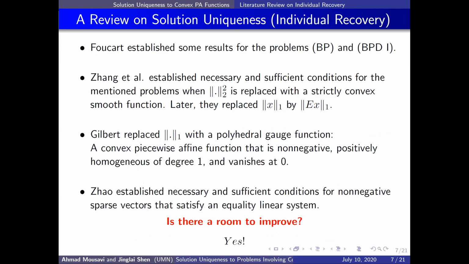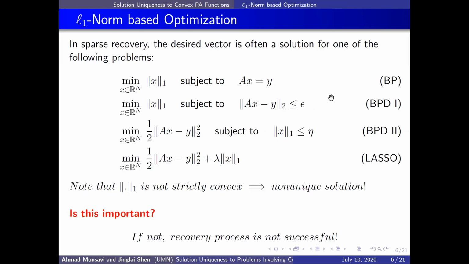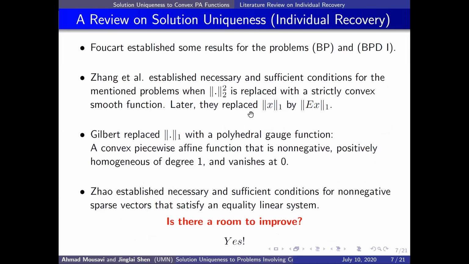So there is some literature review here, and people have worked on, for example, basis pursuit and basis pursuit denoising type 1 here. For example, you give A, the problem parameters, and they can tell you whether the given solution is unique or not. And there are some later works, in 2012 I guess, when people replaced norm 1 with norm 1 of Ex.